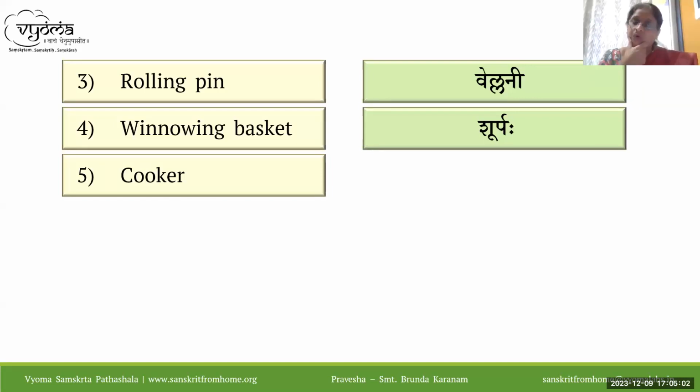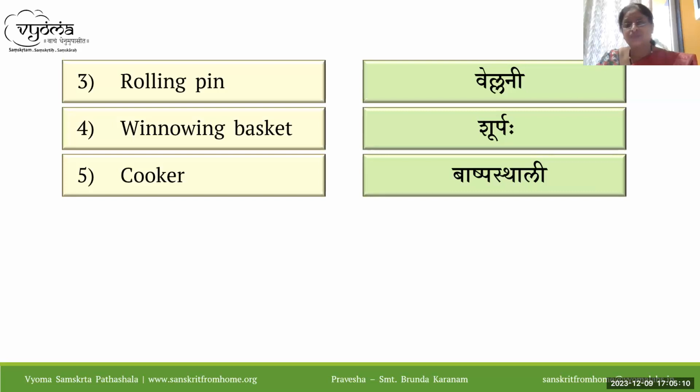The fifth one, cooker. Bashpasthali. Bashpa is steam or warm.